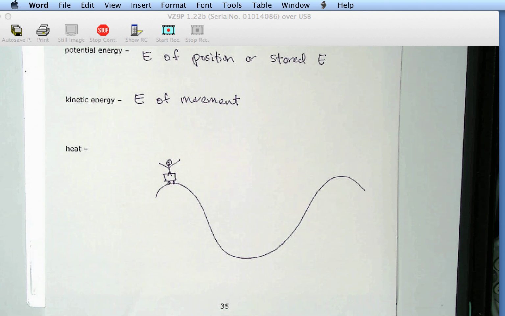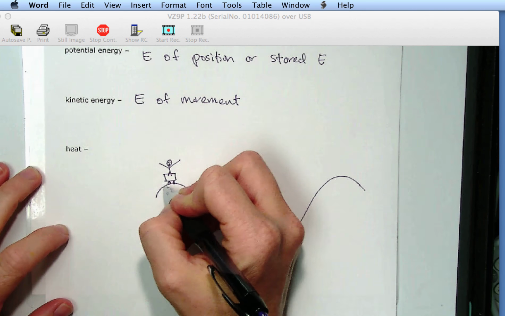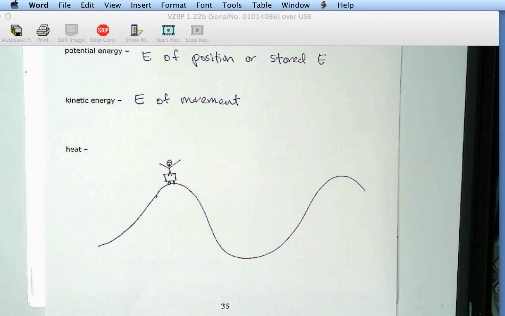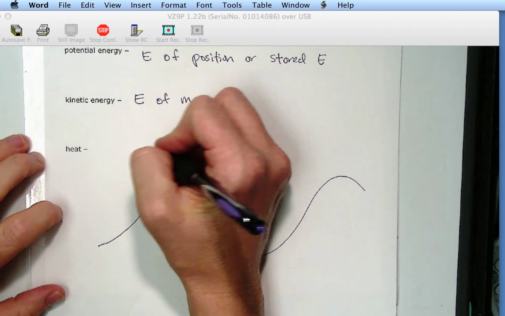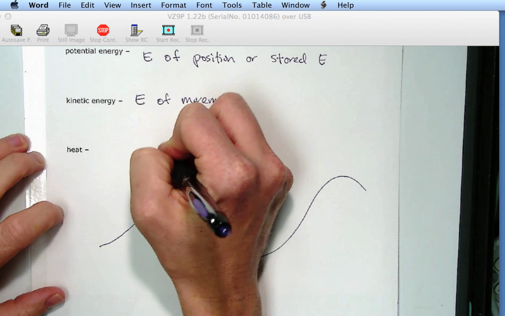If you don't, it would be you. But you've just gone up this huge hill, and you've done the click, click, click, and there's that moment when they stop you. Is that potential energy or kinetic energy? Potential. So you've got all potential energy here.